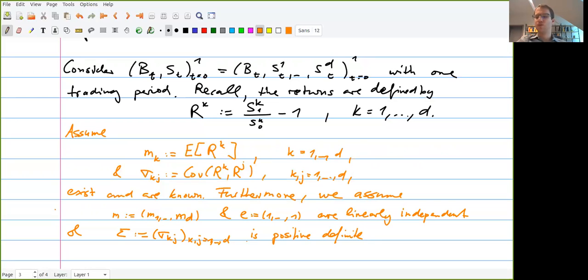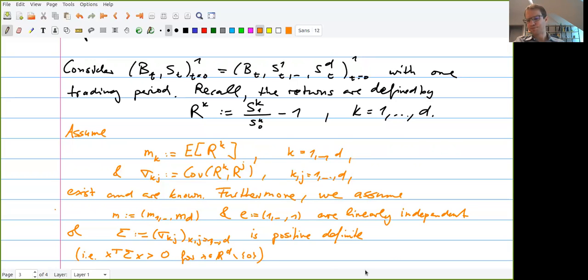For those of you who have taken linear algebra a while ago, this just means if you take any vector x and you multiply the transpose with sigma, then with x again, you have something which is strictly positive for all x, except of course if you take 0.